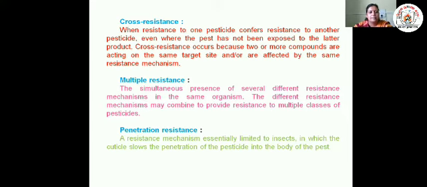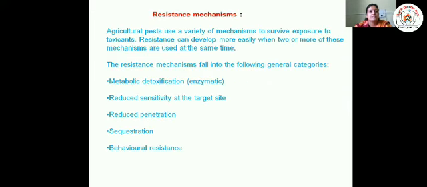Next is penetration resistance, a resistance mechanism essentially limited to insects, in which the cuticle slows the penetration of pesticide into the body of the pest. Resistance mechanism: agricultural pests use a variety of mechanisms to survive exposure to the toxicant.